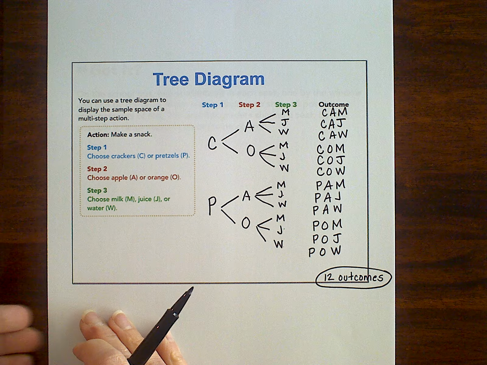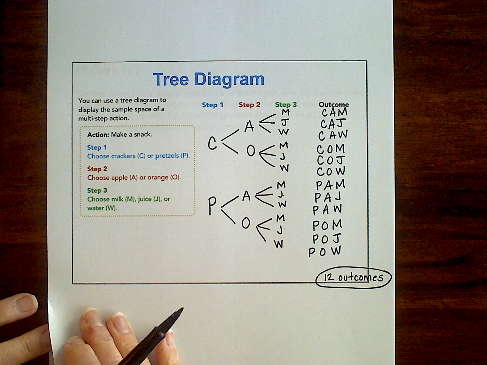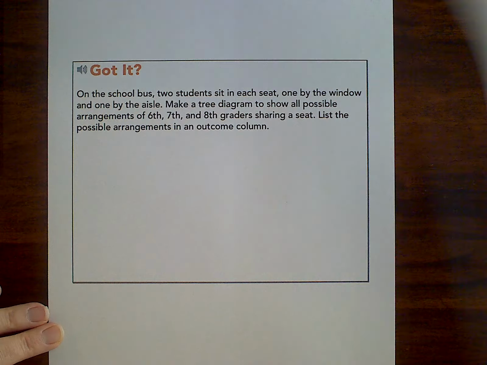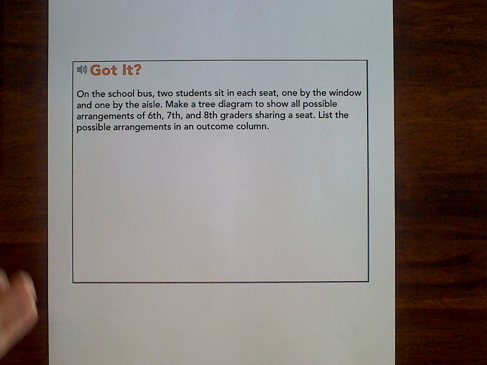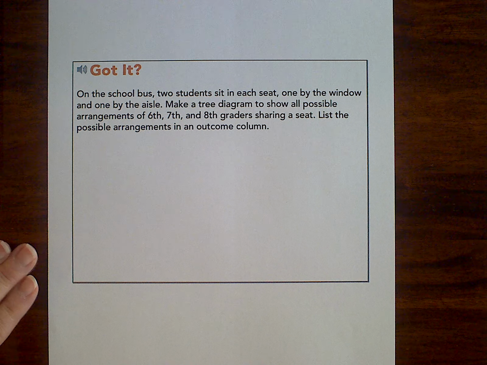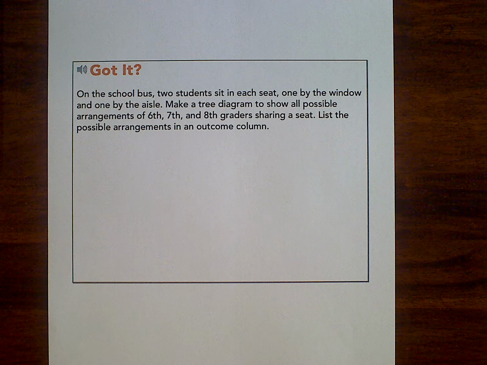Let's go ahead and answer the question at the top of page 437 in your book. On the school bus, 2 students sit in each seat, one by the window and one by the aisle. And what they're asking us to do is to make a tree diagram to show all the possible arrangements of 6th, 7th, and 8th graders sharing a seat.